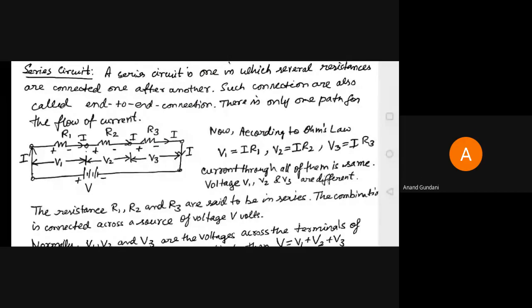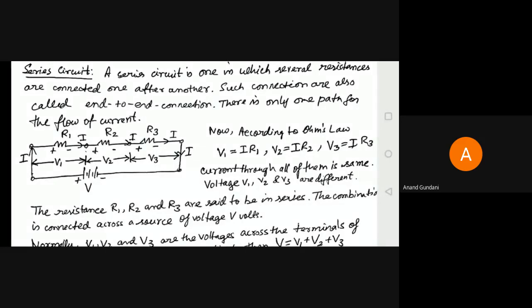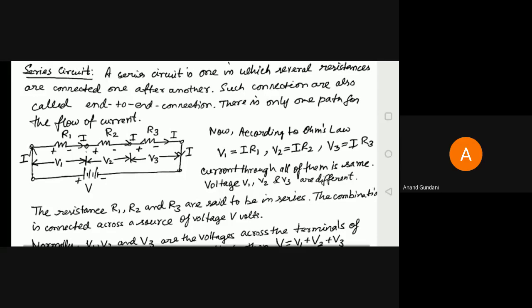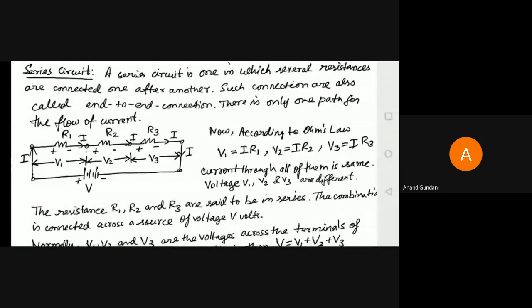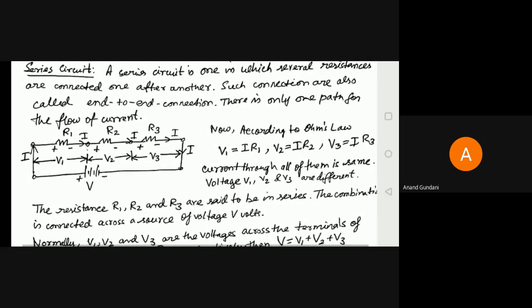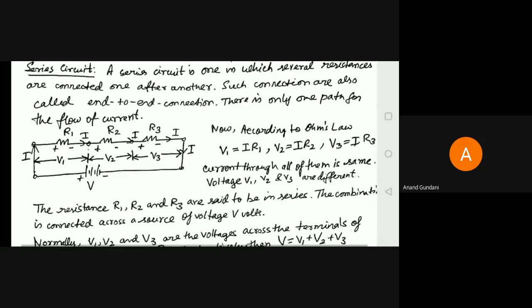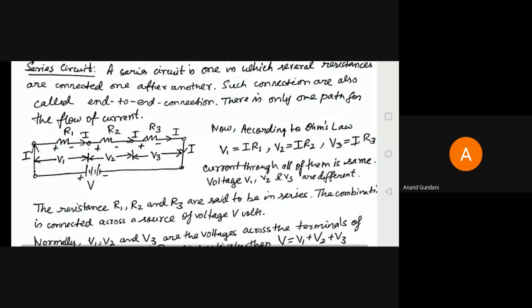You see, whenever there is an active element which supplies voltage, there are passive elements which dissipate the voltage. So a voltage drop will occur across each of the passive elements R1, R2, R3, and the values of those voltage drops are V1, V2 and V3.